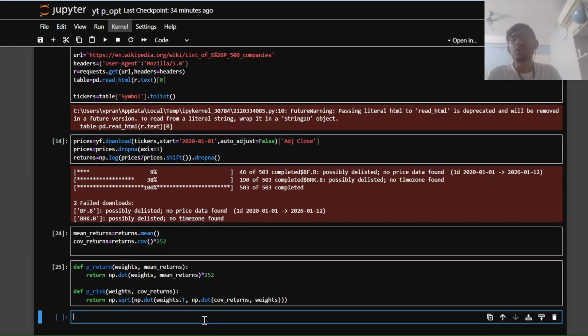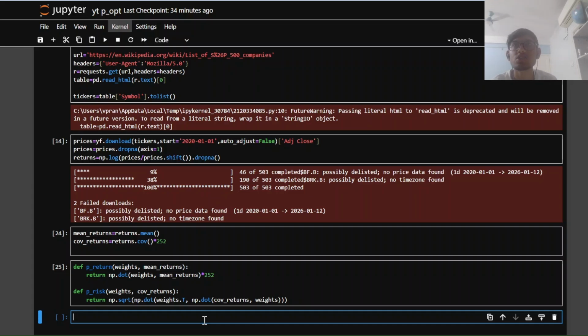Okay, so now since we are dealing with an optimization problem, and this problem deals with finding the maximum Sharpe ratio, right? We are trying to find the portfolio which has a maximum Sharpe ratio to be our optimal portfolio, right? So what we'll be doing here is we'll be using the minimize function from scipy.optimize, right? And because of that, we'll define the negative of Sharpe ratio.